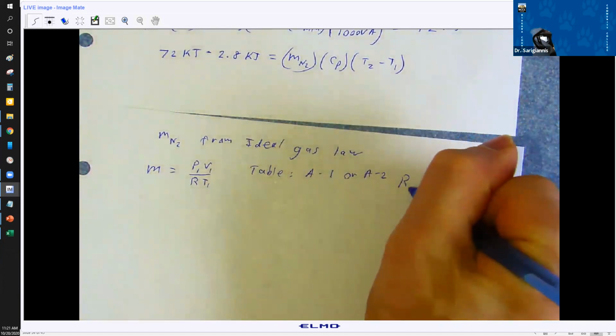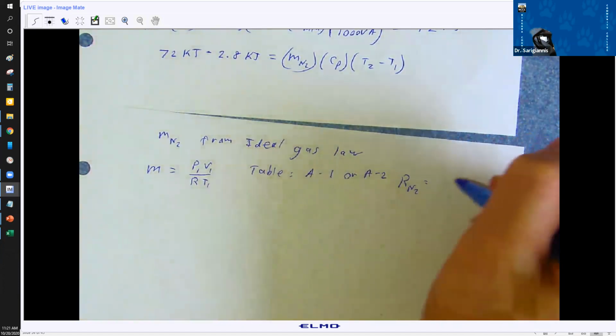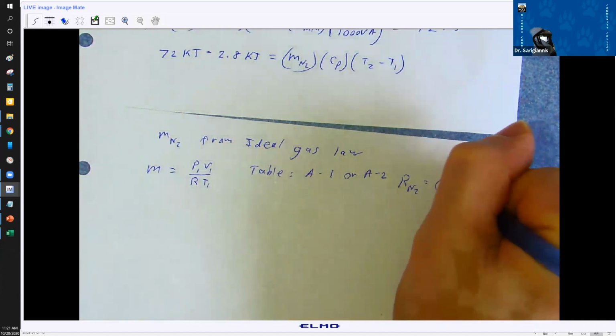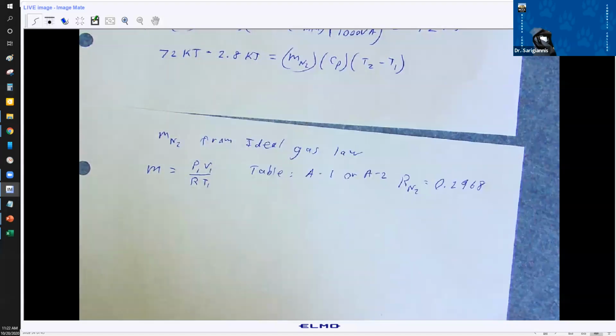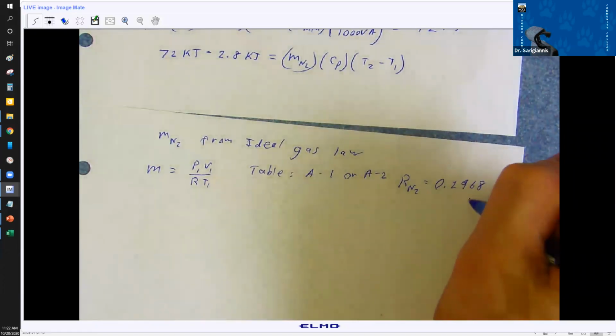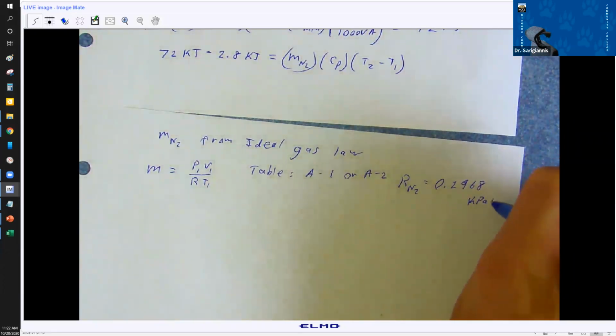R for nitrogen is 0.2968. And the units on this are kPa, meters cubed, per kilogram Kelvin.